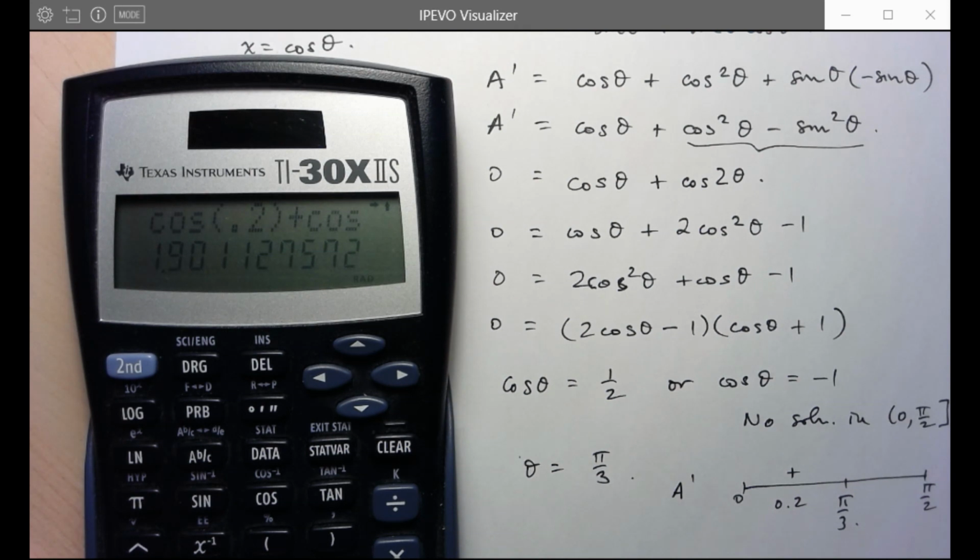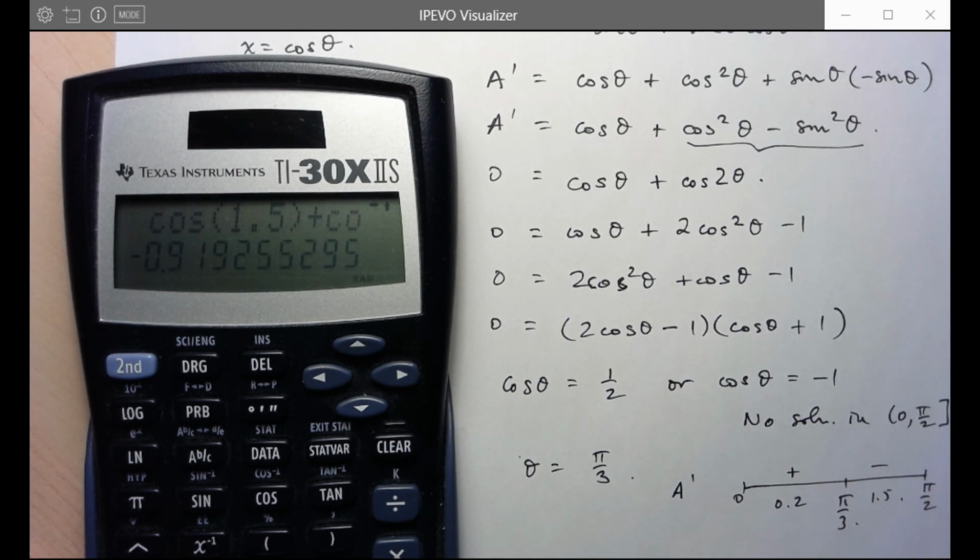And now let's pick something between these two. Here pi over 2 is about 1.57, so let's pick 1.5. So here we've got cos of 1.5, and then it's plus cos of 2 times 1.5, so cos of 3. And we have a negative number there.